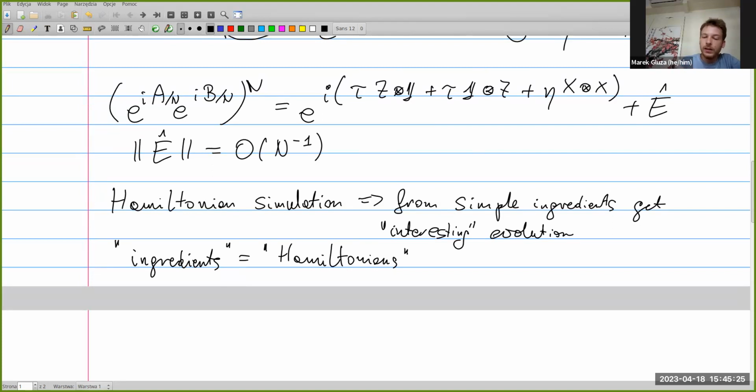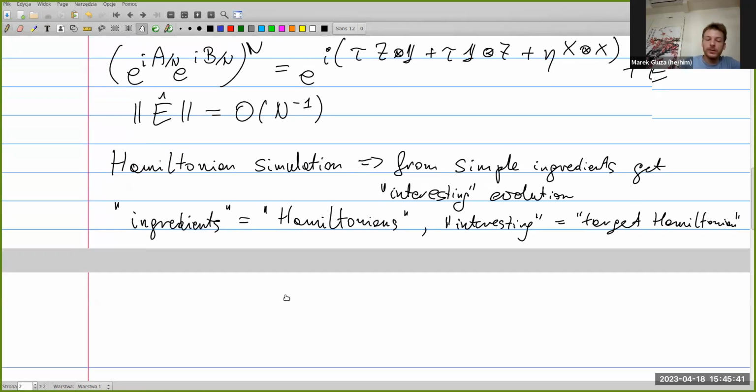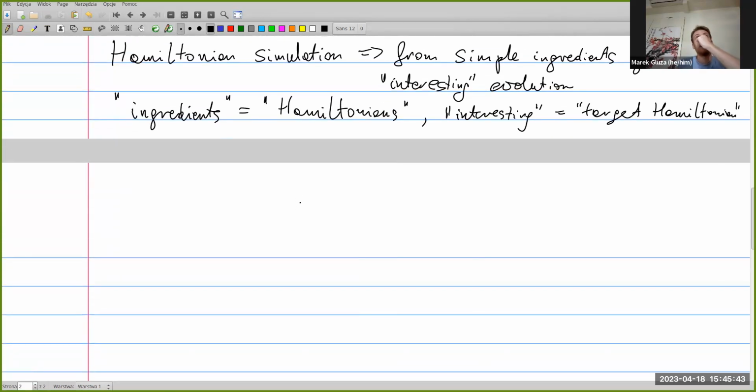And interesting evolution or Hamiltonian would be target Hamiltonian. So the tutorials are more or less about methods, but it's still a tutorial.